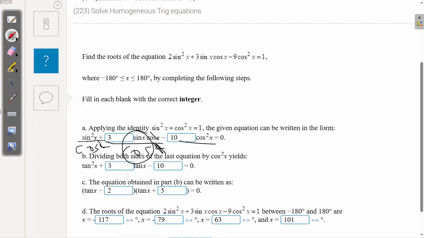Then over cosine squared here, it cancels, it becomes 1, so 1 times 10 is 10. So it becomes tan squared x plus 3 tan x minus 10 equals 0.